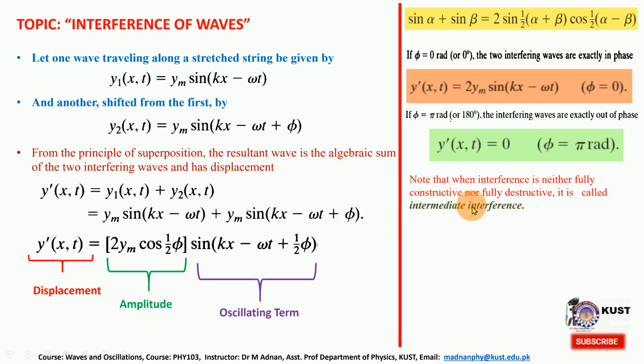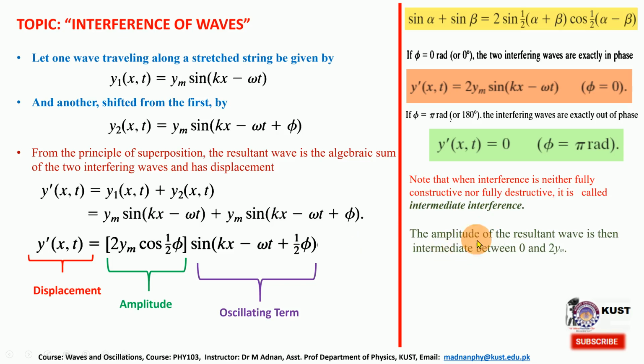One can have an intermediate interference depending upon the angle phi. If phi is between 0 and pi, that will be intermediate interference. When the interference is neither fully constructive nor fully destructive, it is said to be intermediate interference.